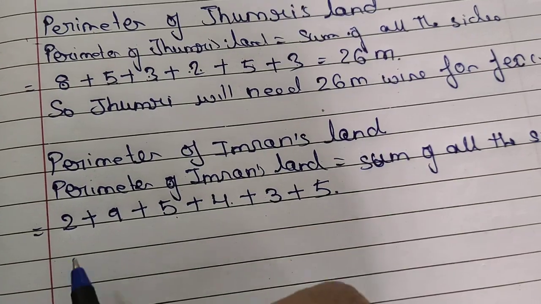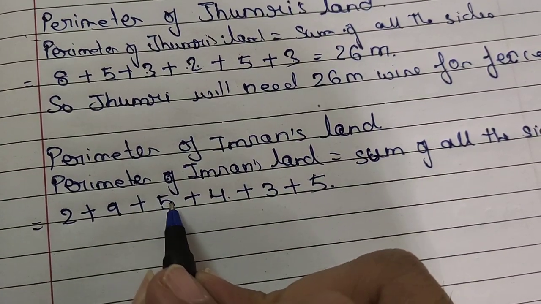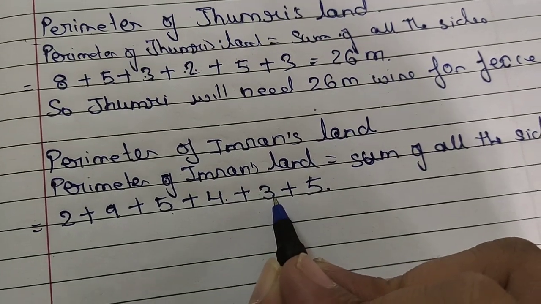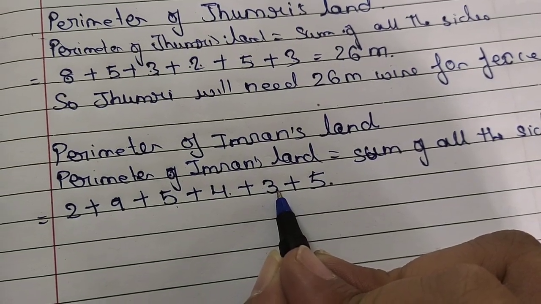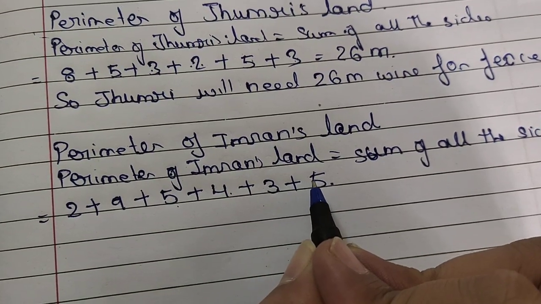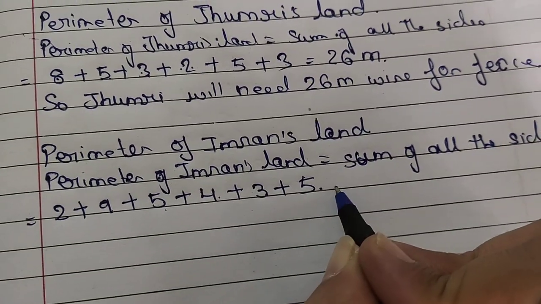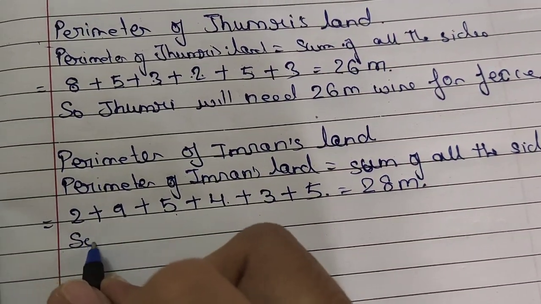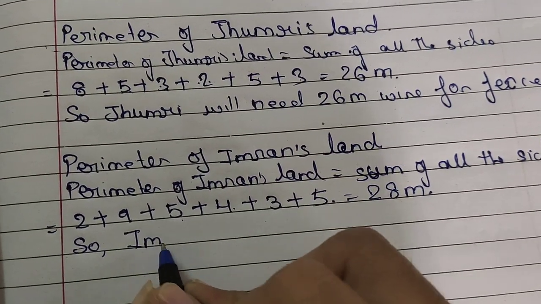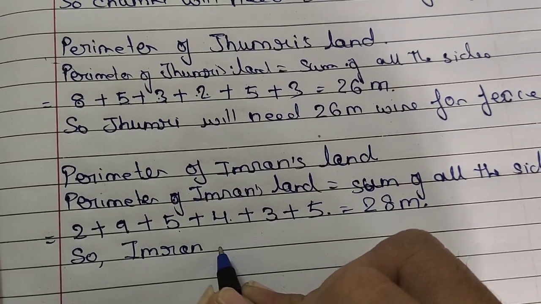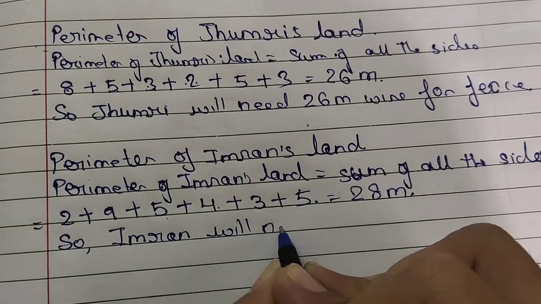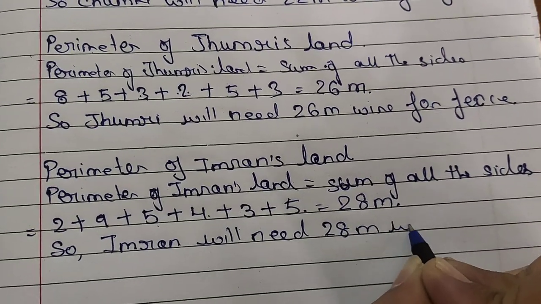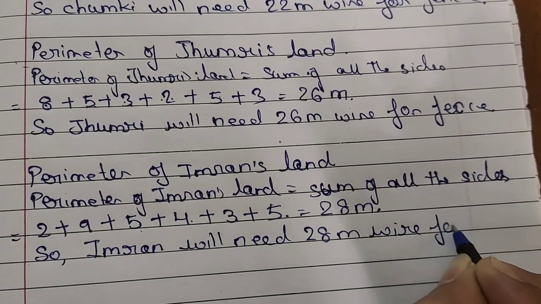Again: 2 plus 9, 11. 11 plus 5, 16. 16 plus 4, 20. 20 plus 3, 23. 23 plus 5, 28. 28 meters. So Imran will need 28 meter wire for the fence.